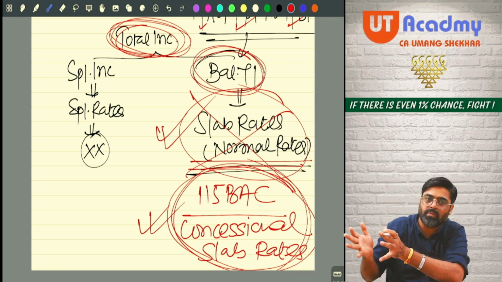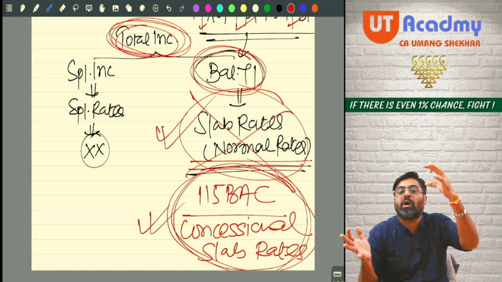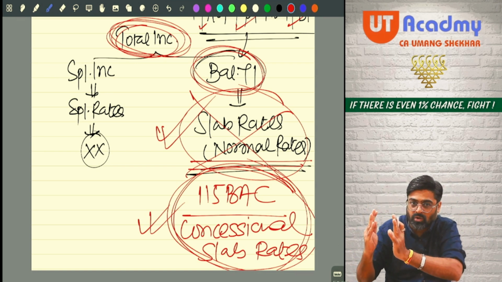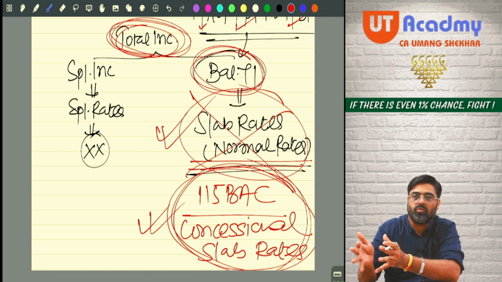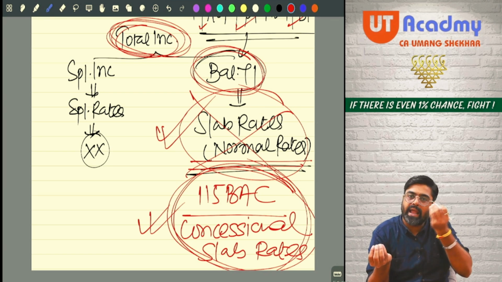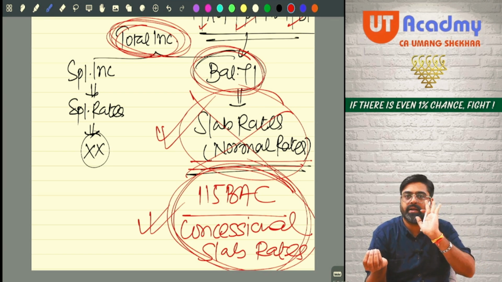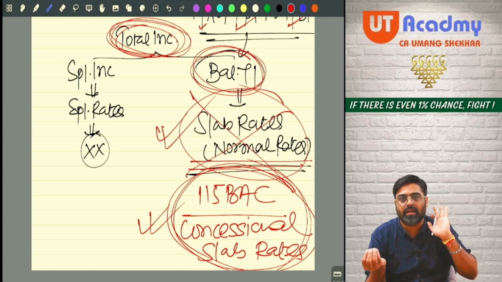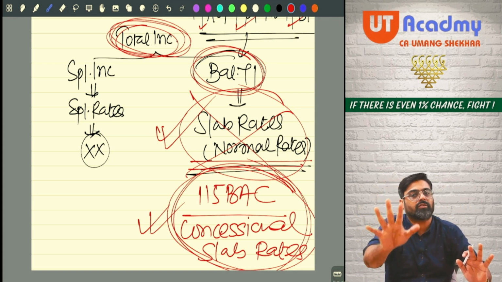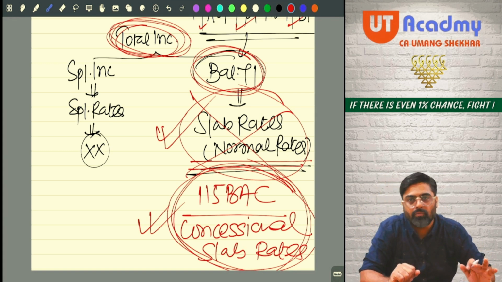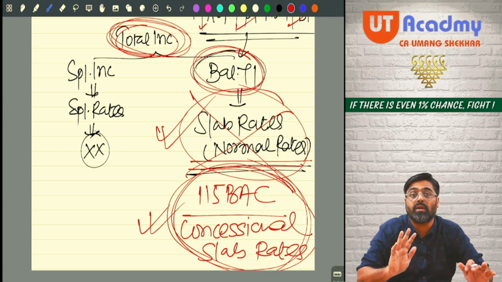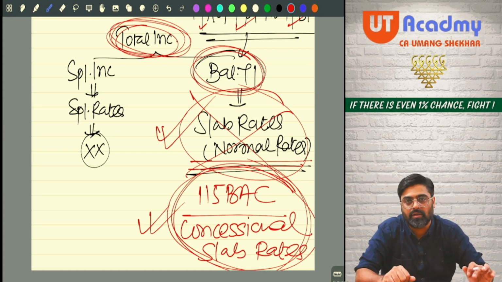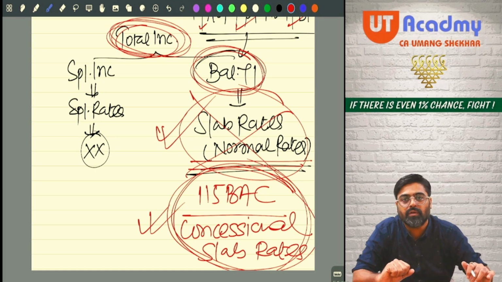And under the normal tax scheme, I will have to shift out from the default tax scheme. Under the normal tax scheme, I am going to get all the exemptions and deductions which are available under the Income Tax Act, but the rates of tax applicable to me will be the normal slab rates which we learned in the first lecture itself, first chapter itself.